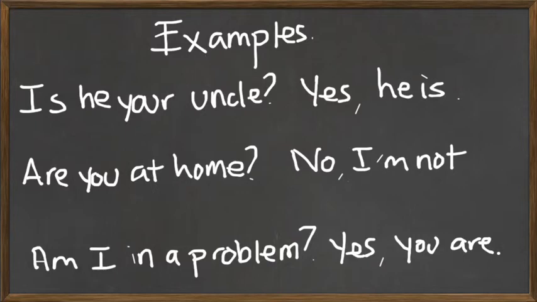Yes, he is. Notice the change here and also the intonation. Example number 2. Are you at home? No, I'm not. Then we also have the inversion there. And example number 3. Am I in a problem? Yes, you are. And also we have the intonation and the inversion there.